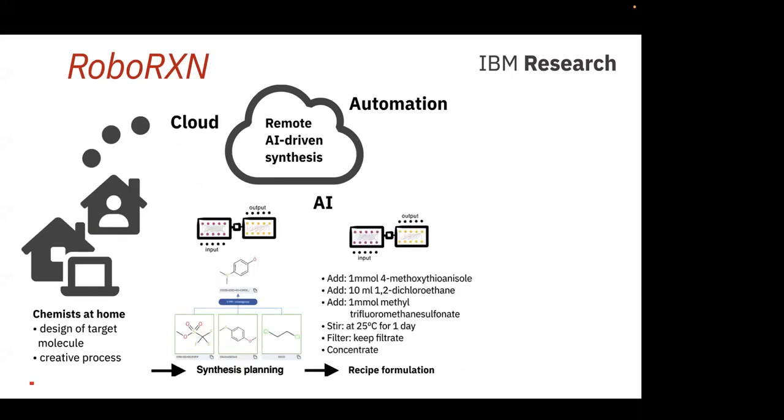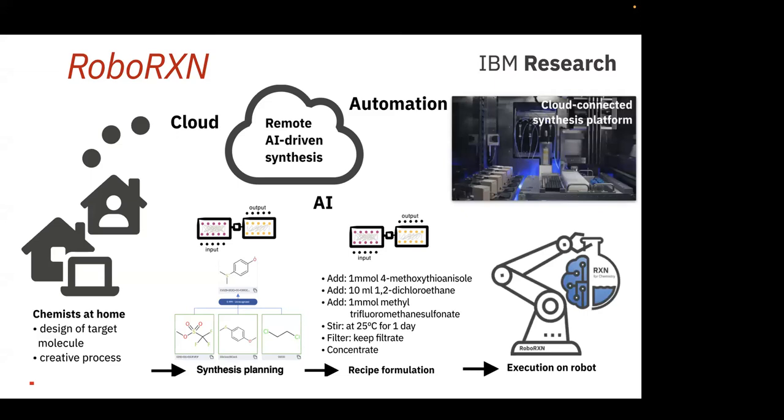Not only that, you can also convert every step in your synthesis planning tool into a procedure with standardized actions and also reaction conditions. And if you have access to a synthesis platform, then you could execute those standardized synthesis actions on this cloud-connected robotic platform. Or you can also just use those predicted recipes and execute them by yourself in the lab.